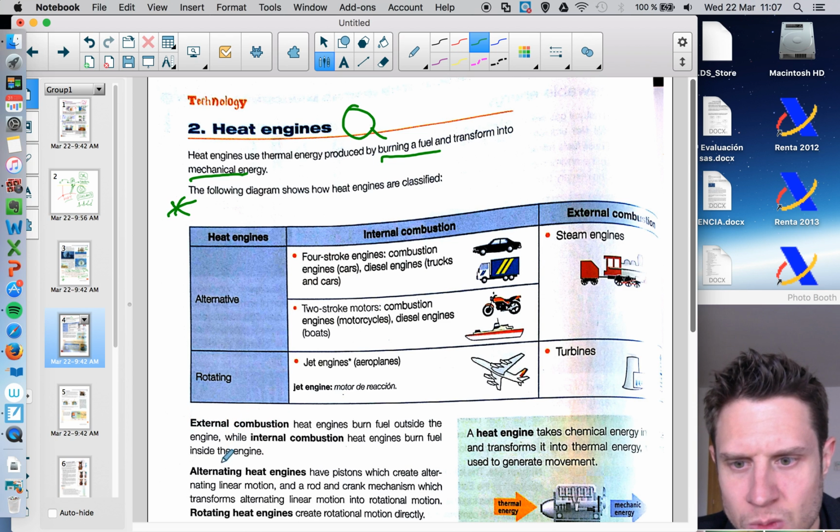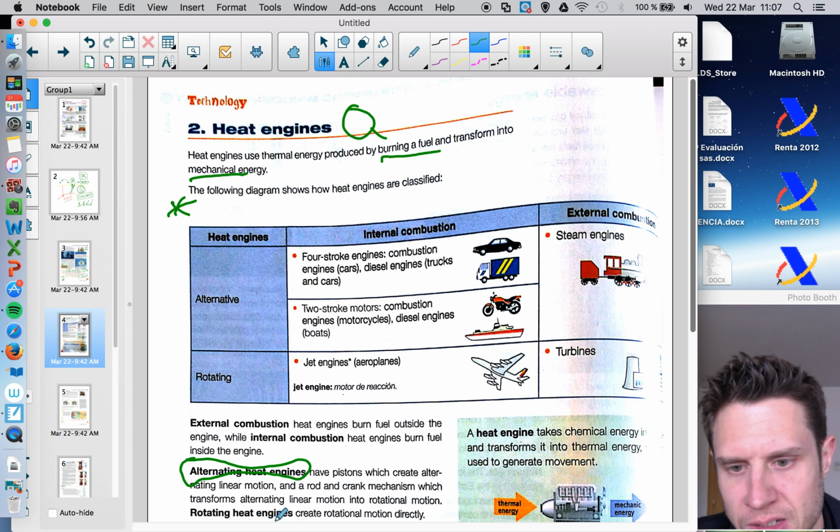What we call alternating heat engines here have pistons which create alternating linear motion, and a rod and crank mechanism which transform alternating linear motion into rotational motion.